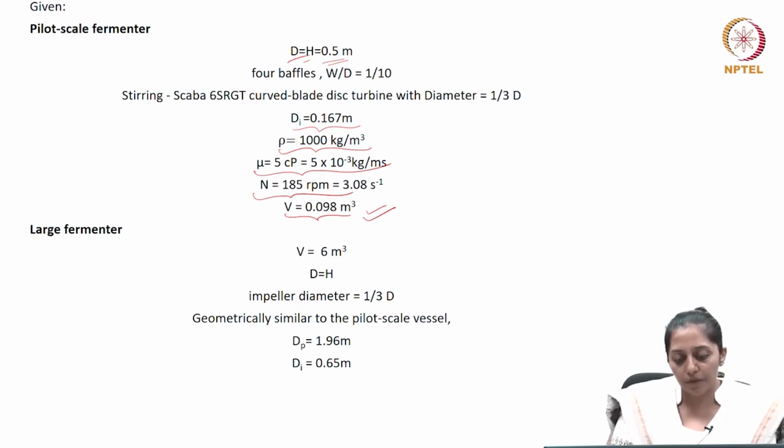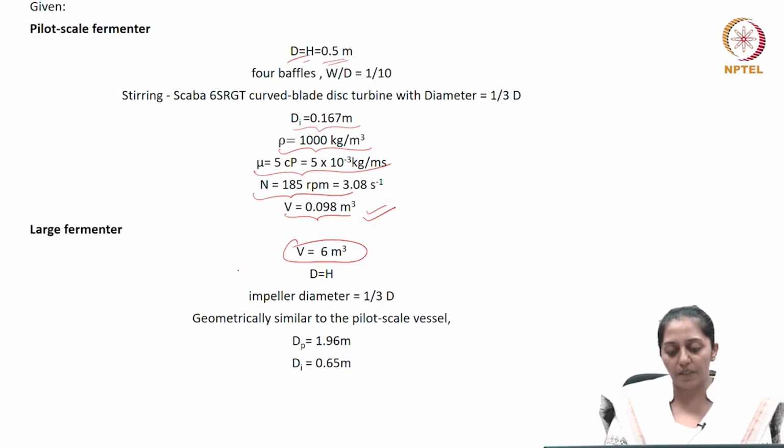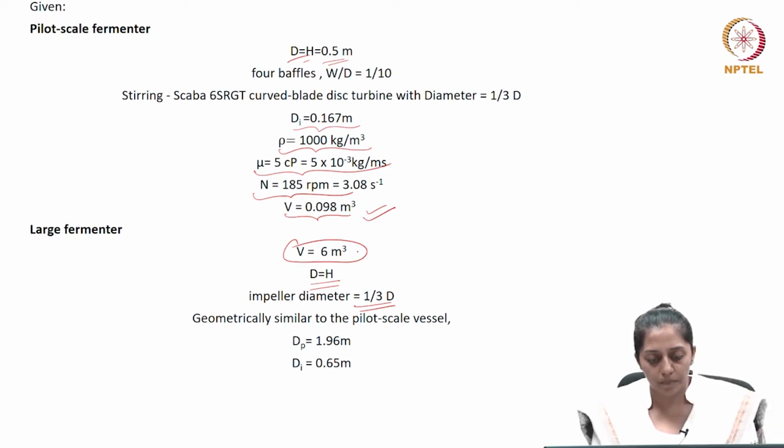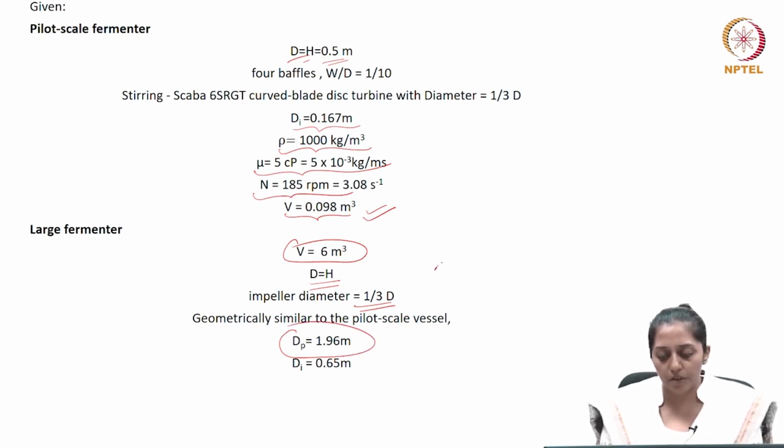Now, for the large fermenter, the volume is given as 6 meter cube and the diameter is the same as the height in this tank. And again, the impeller diameter is 1/3 of the tank diameter. So, it is a geometrically similar vessel. Using the volume, we can find out the diameter of the tank because d equals h.